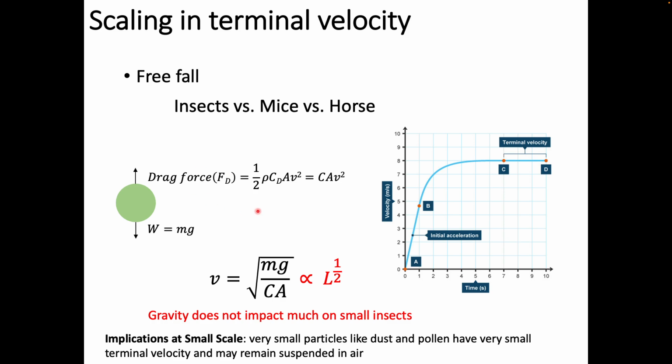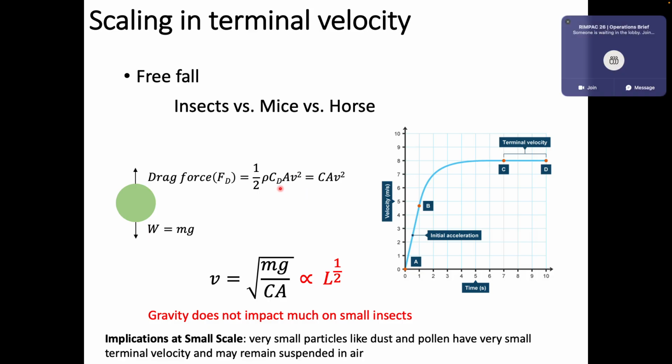Obviously, if we don't have drag force, the acceleration, this slope, is constant and the velocity keeps increasing. But because we have air, we face the drag force, which is related to 1/2 rho CdA times the velocity squared.